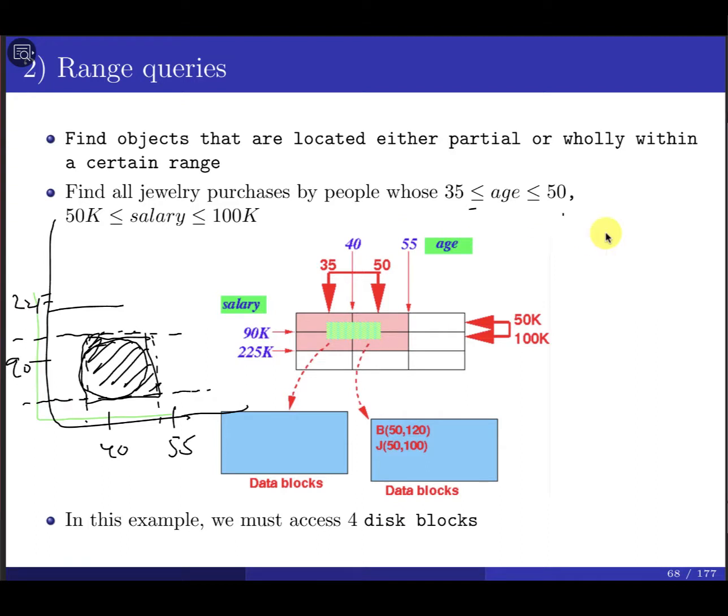So here, using the structure that we have, we can also do this more efficiently. In this case we have 35 and 50 in this direction, and for example here we start from here to here, yeah. Anyway, so this is going to be the area. It's going to be between what? The salary between 50 and 100. So it's going to be located in this area. That's what I'm trusting here.